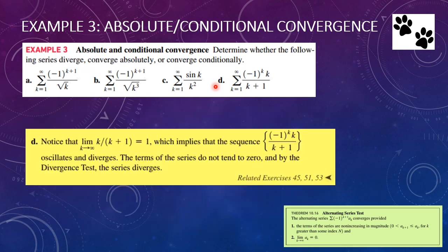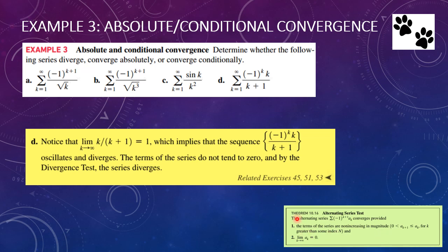Finally, our last example is part D. Here we can apply the limit as k goes to infinity of k over k plus 1, which is our a sub k, taking out again the alternating function. When we do that, we can see that this goes to 1. This is one of the reasons why I put the first theorem, 10.16, on here.